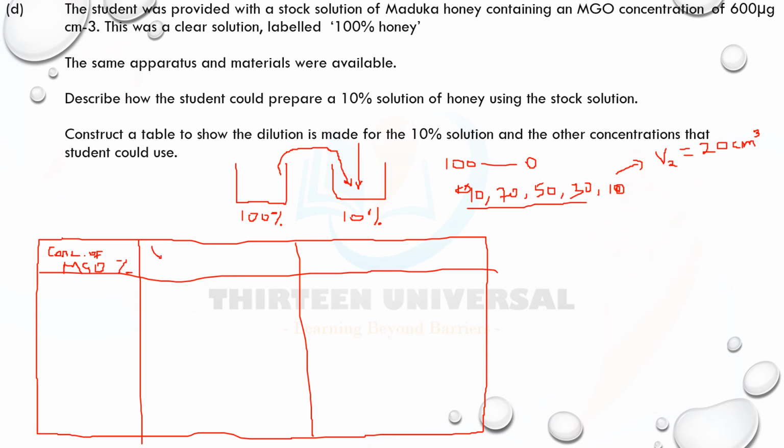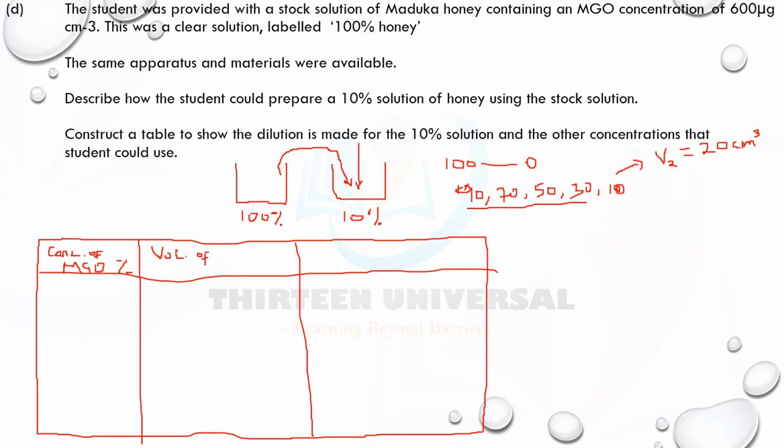The volume of stock we're using, that's our V1. So you're taking from stock, which is 100%, to produce other ones. So make sure you're following. Stock solution is 100%.